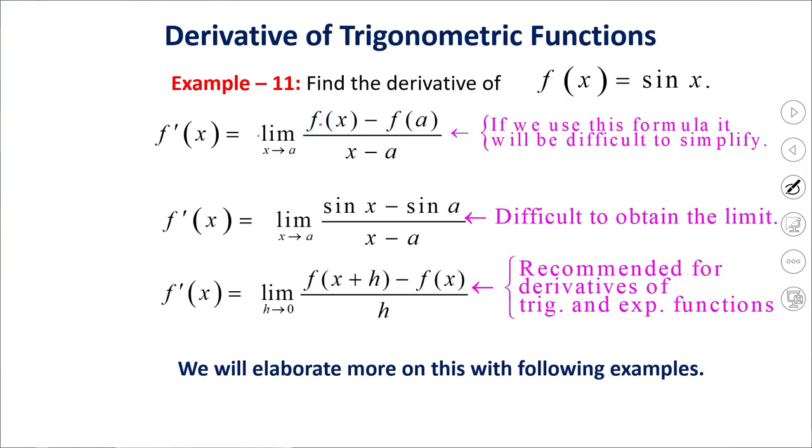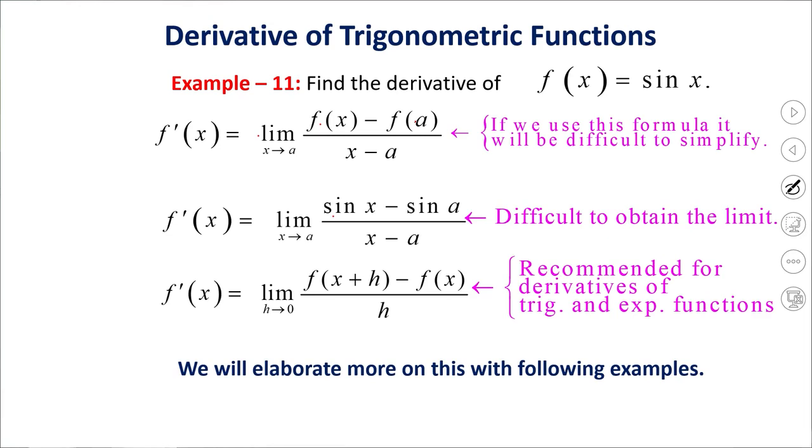If I'm given f of x is equal to sine x, and I directly plug sine x into this one, because f of x is sine x minus f of a is sine a, over x minus a, then I would be stuck over here because I can no longer simplify this trigonometric expression, and I can never make any substitution or cancellations in order to go further. So I will be stuck just over there.